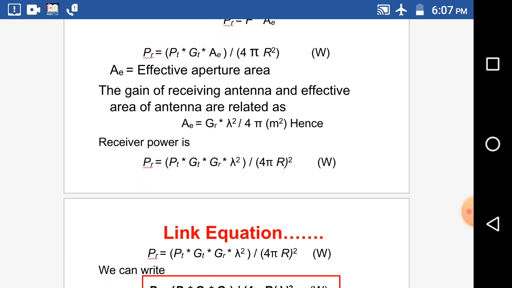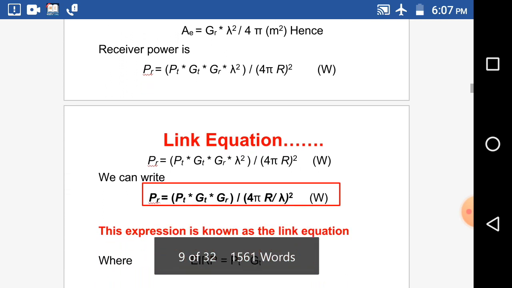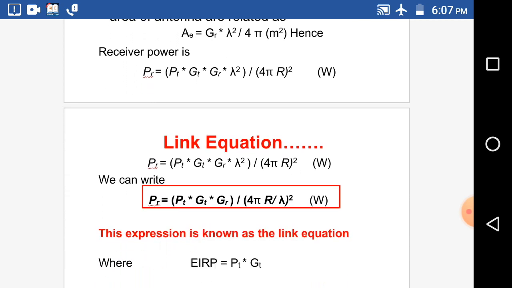So here PR is equal to PT times GT times AE divided by 4 pi r square. One more extra parameter is there, that is AE, the effective area of the receiving antenna. But the effective area of any antenna we can write in a different way also, and that is AE equals the gain of the receiving antenna times the wavelength square, that is lambda square, divided by 4 pi.